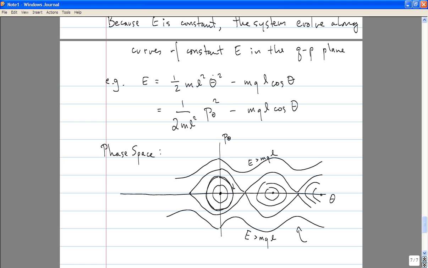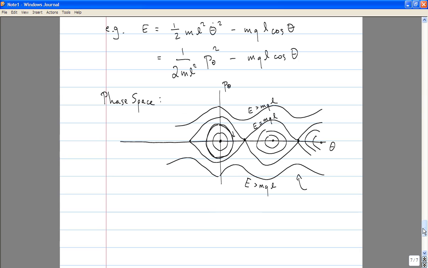And finally, I should note that these sort of singular trajectories, which form the boundary between those trajectories that are closed and those which are not closed, are precisely those with energy equal to mgl. And because those trajectories separate two different types of trajectories, they are known as separatrices.